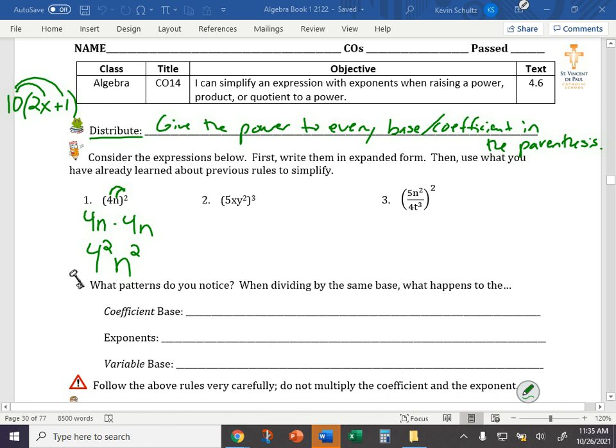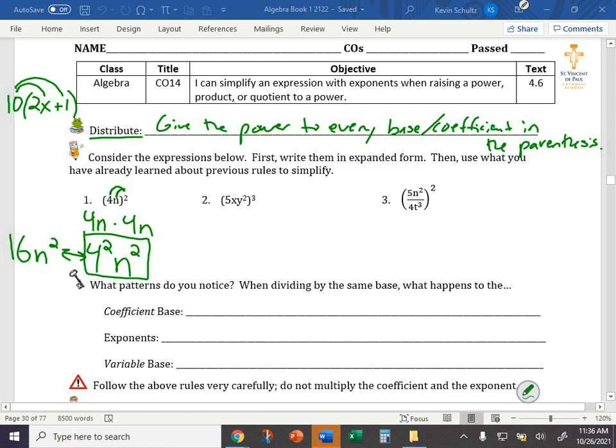We give everything inside of those parentheses the exponent on the outside. If you wanted to multiply this out and take 4 squared and write it as 16n squared, either answer would be acceptable. But this one here shows better the rule that we're talking about. Okay? Questions so far? Do I have everyone with me?